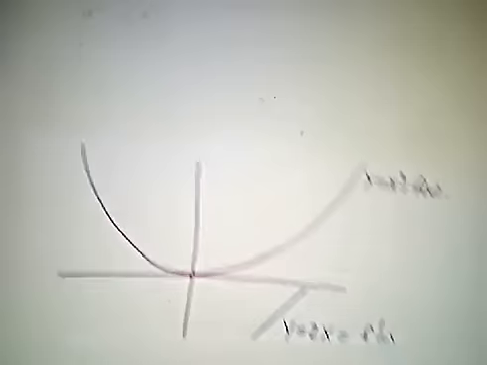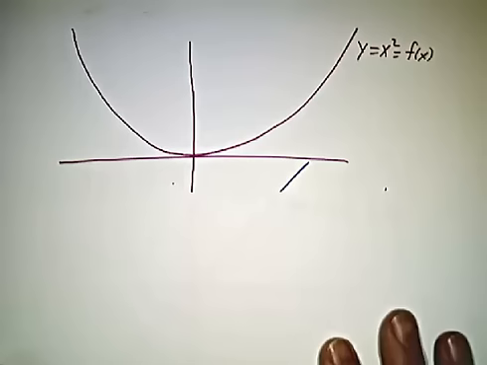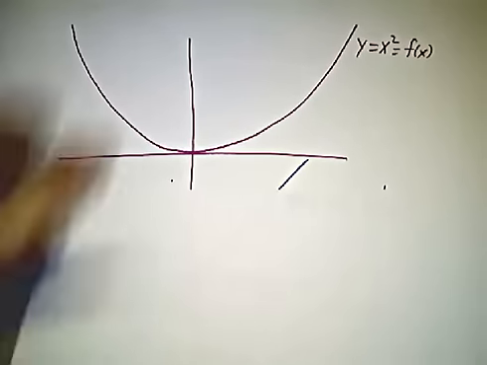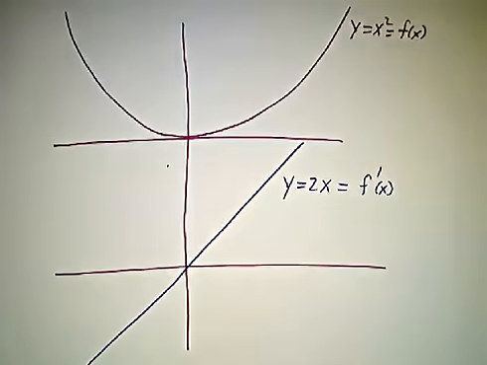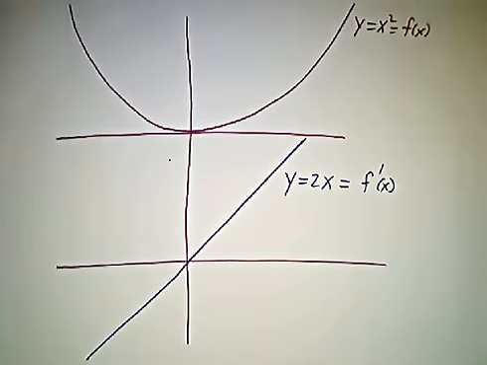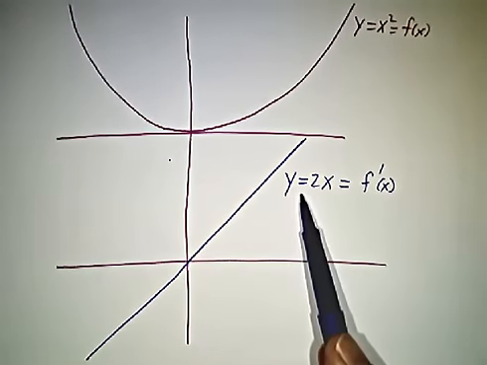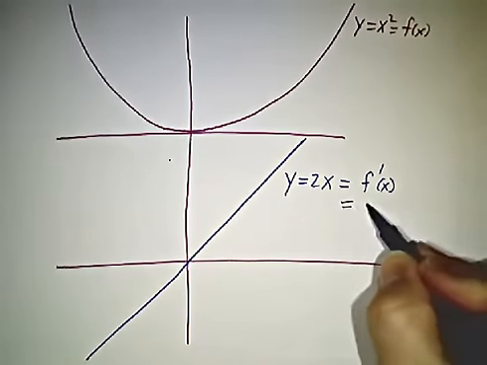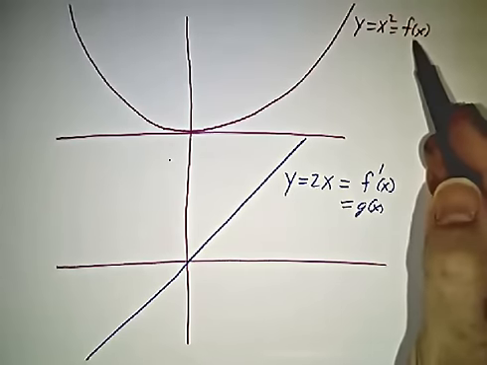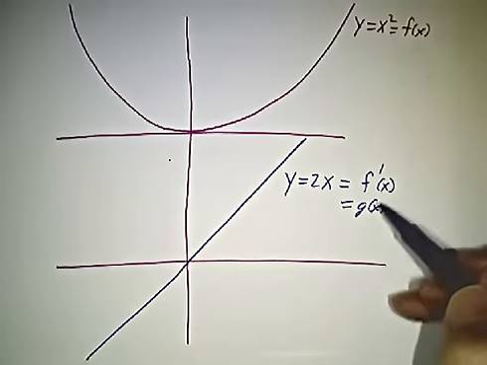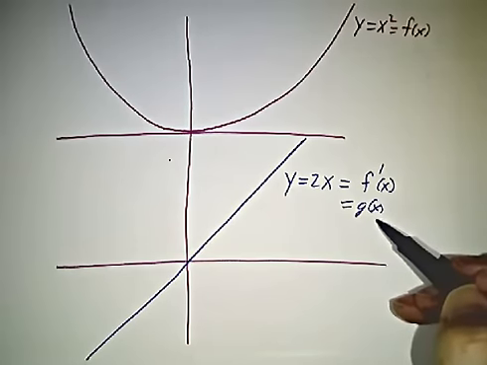And now we can draw a picture of what we've just done. We started with a function y equals x squared, and we derived a new function out of that, and the new function was f prime of x equals 2x. Maybe we should give this a name and call this g of x. So the function g of x was derived from f of x, and that's why we call it the derivative function.